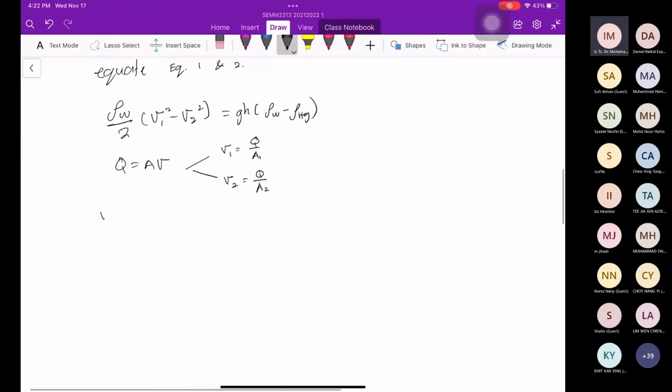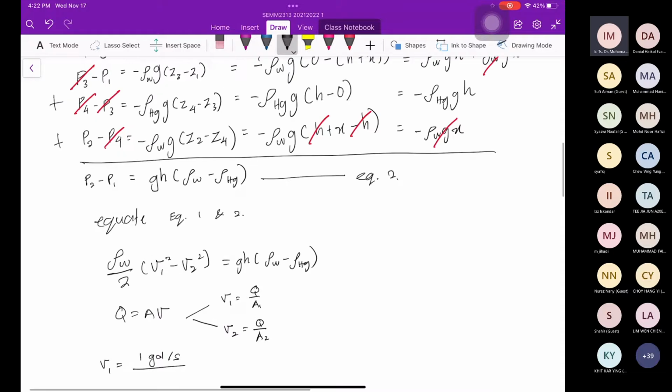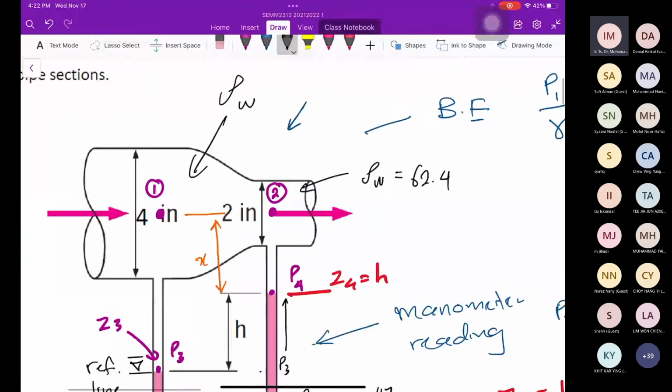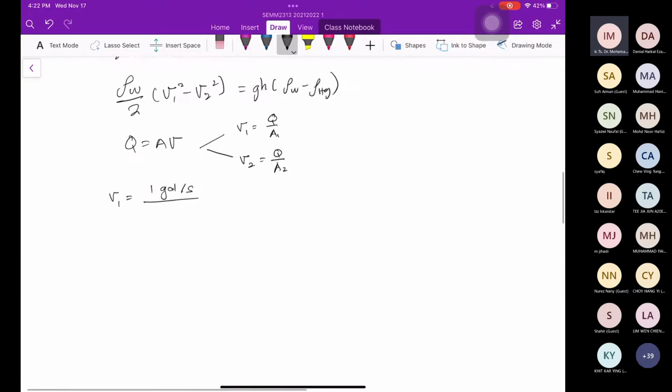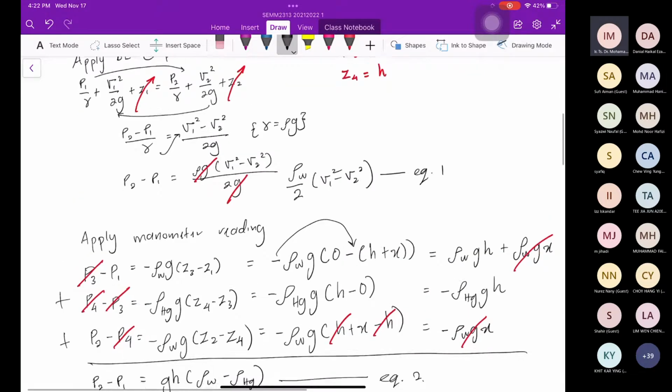So I need to find the V1, which is 1 gallon per second divided with area, which is the area here. Okay, you can see it is circular. So pi over 4 diameter in feet.